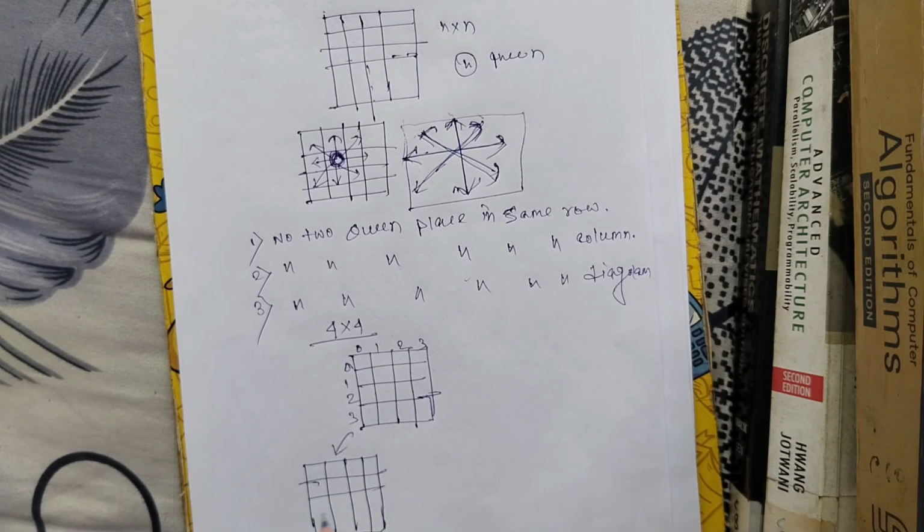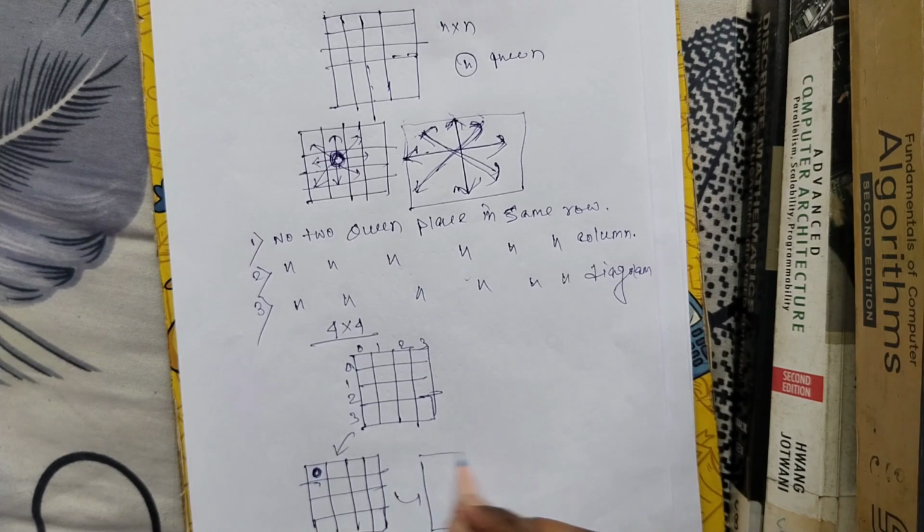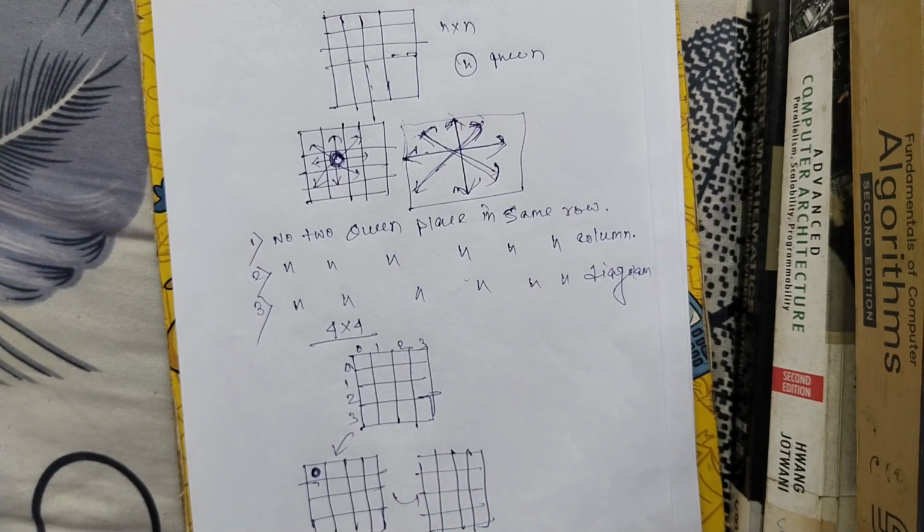Firstly I have placed a queen in column 0, and next I place another queen in the next column such that this queen is safe. Okay, so let's see. This is the board. Here is the same row, and the same column, so I cannot place a queen there.